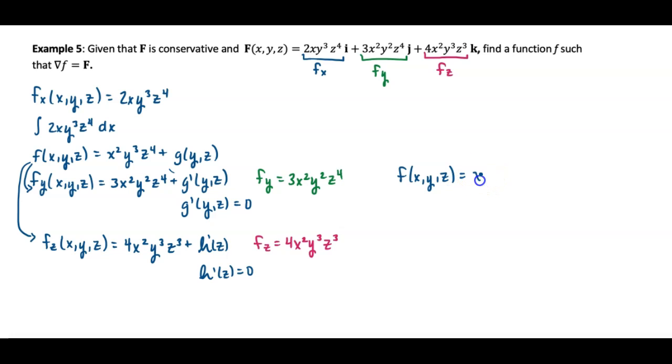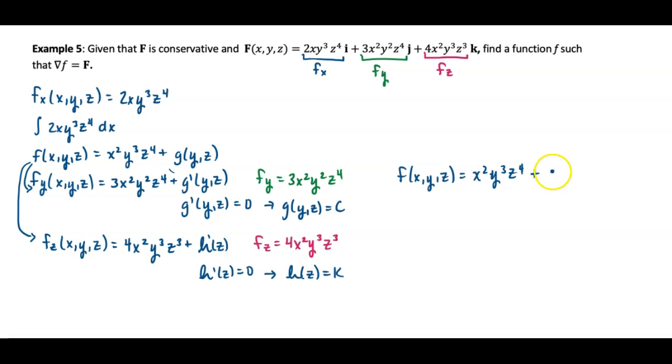being equal to x squared y cubed z to the fourth plus, and I'll just call this the fact that g of y and z is equal to some constant c. And I'll call this original h of z equal to a constant k, just so we can see what happens here.